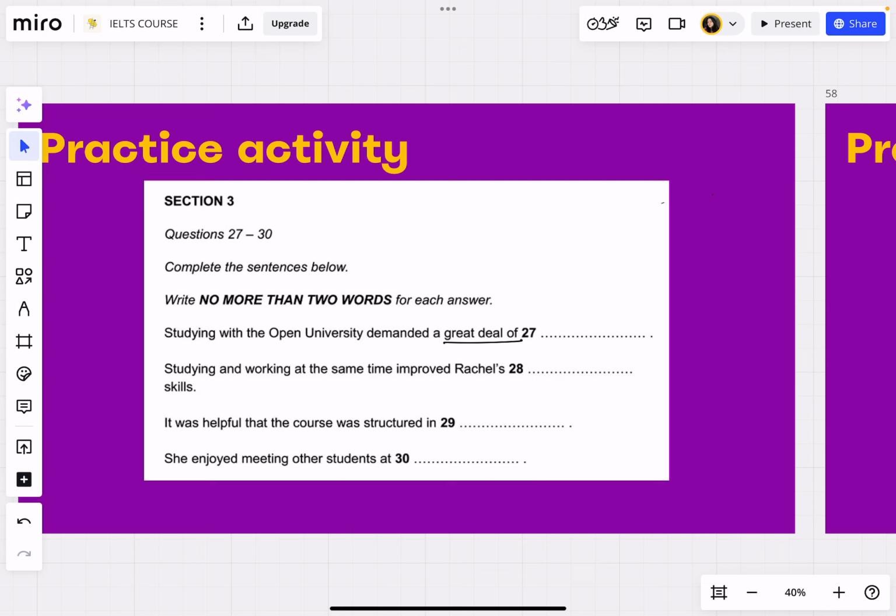So first of all, it was a great deal of motivation, right? Now I'm going to show something. So next one, improved time management, yeah. Next one, modules. Next one, summer school.